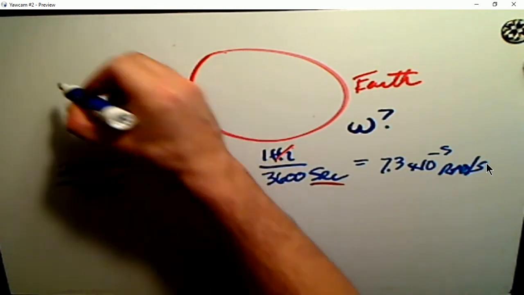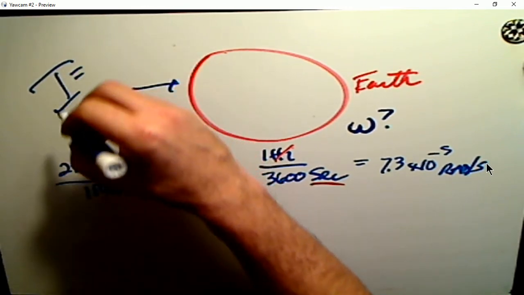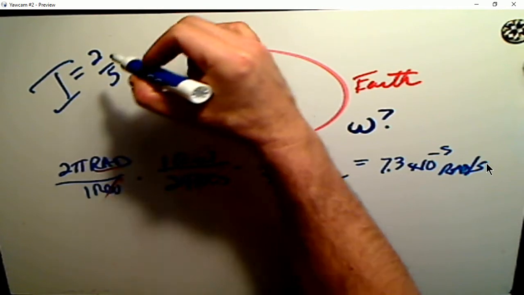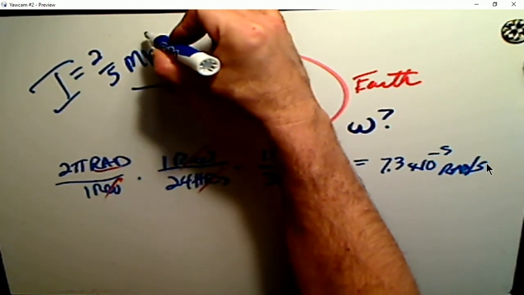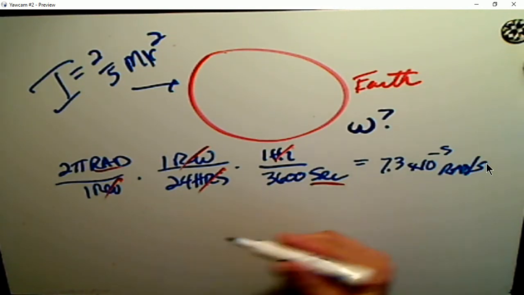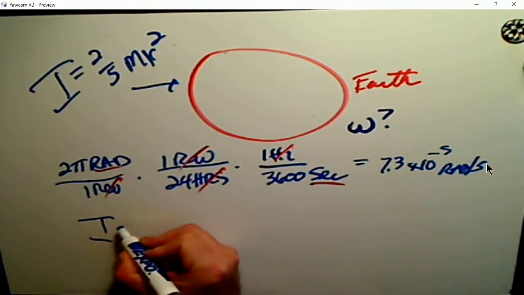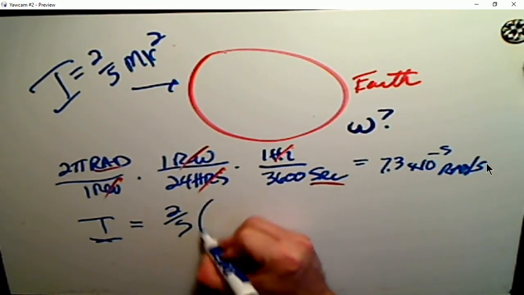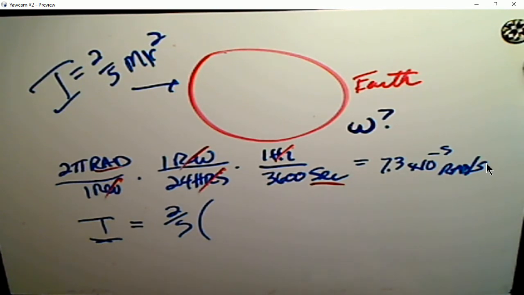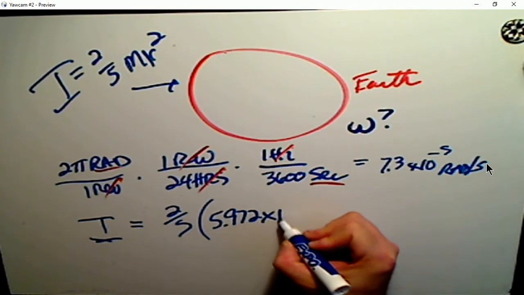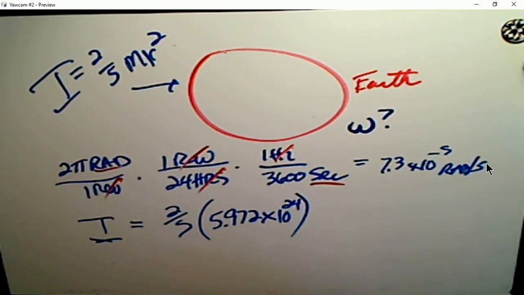Now, a sphere in terms of I is 2/5 m radius squared. So the I value that we'll be dealing with is 2/5 times the mass of the Earth, 5.972 times 10 to the 24 kilograms.